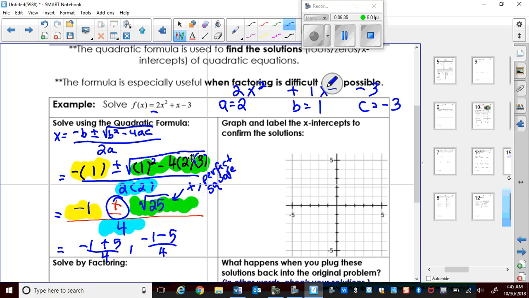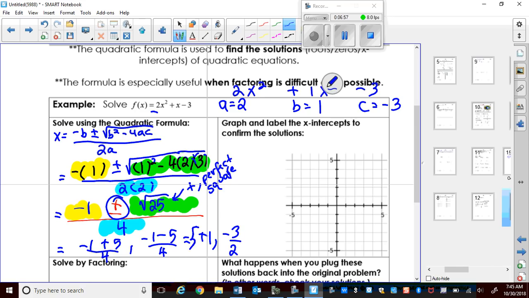So quadratics produce 2 different answers. Sometimes they're the same, but 2 answers at all times. The first one simplifies to -1 plus 4 over 4 is +1, comma, -6 over 4 is -3 over 2.